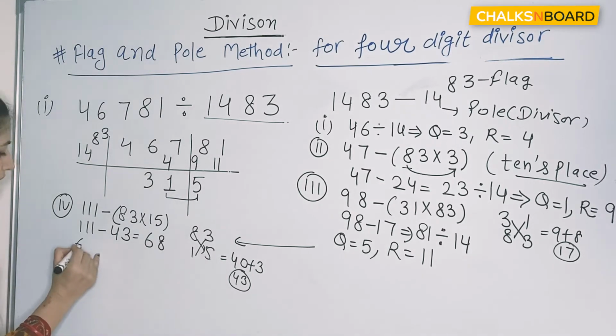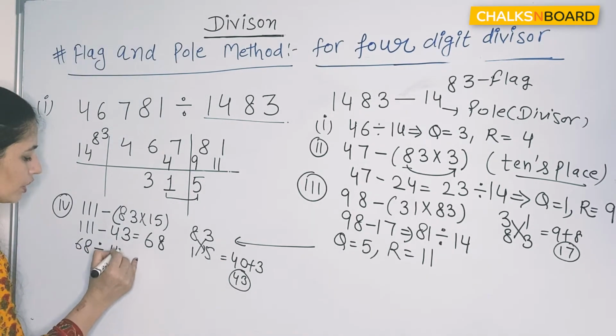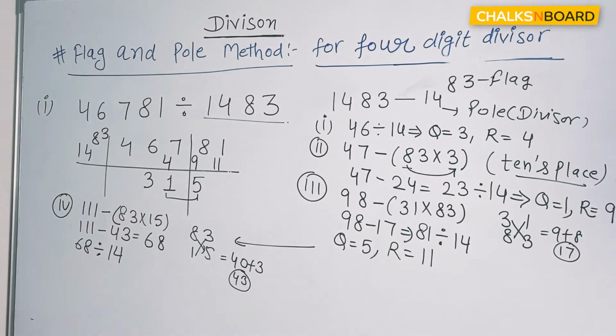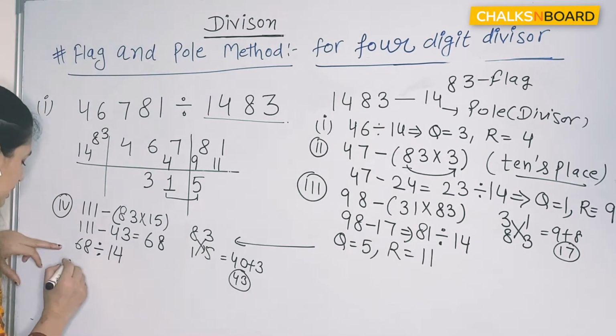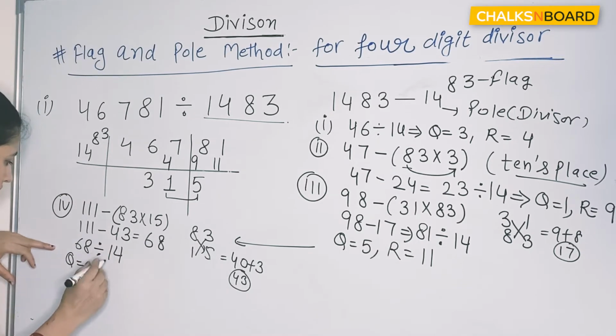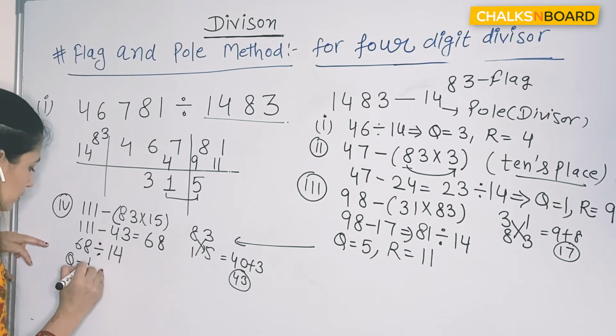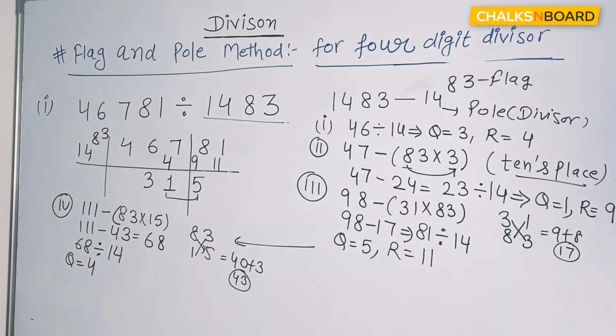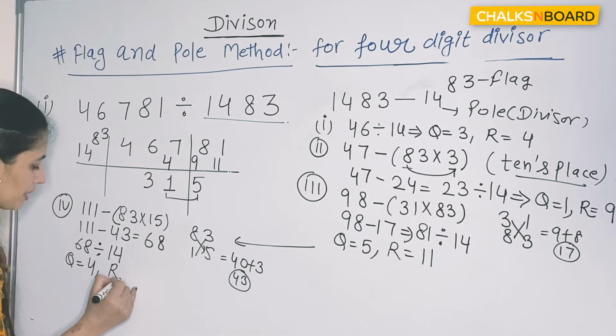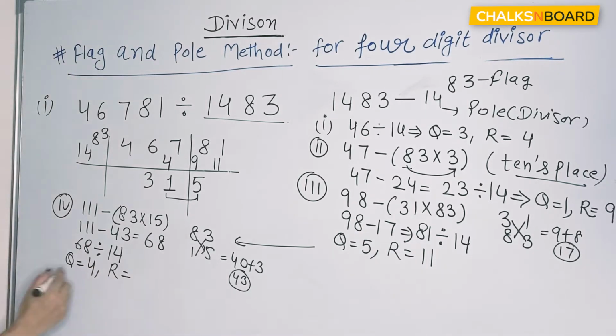Now 68 divided by 14. 14 is our whole, which is our divisor. That means our quotient is here. Our quotient is 4. That is 14 4s are 56, and our remainder is 12.